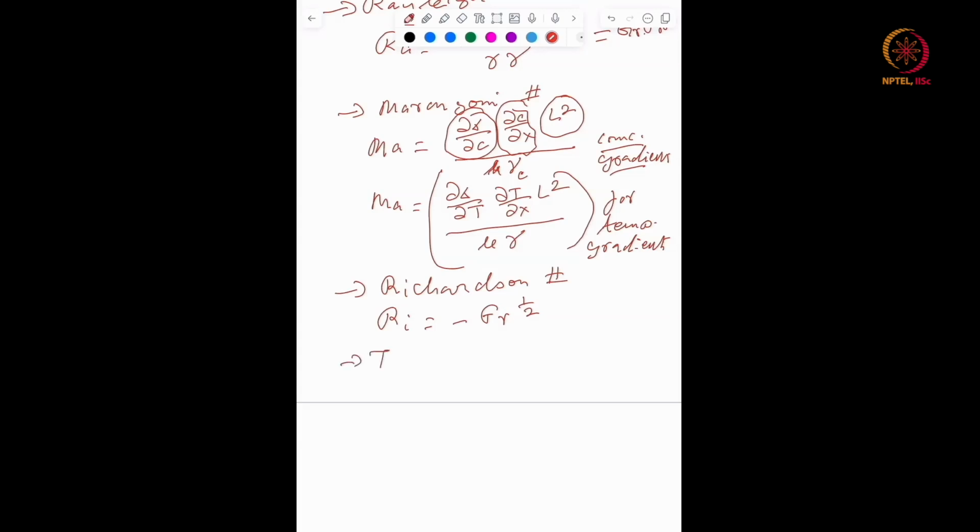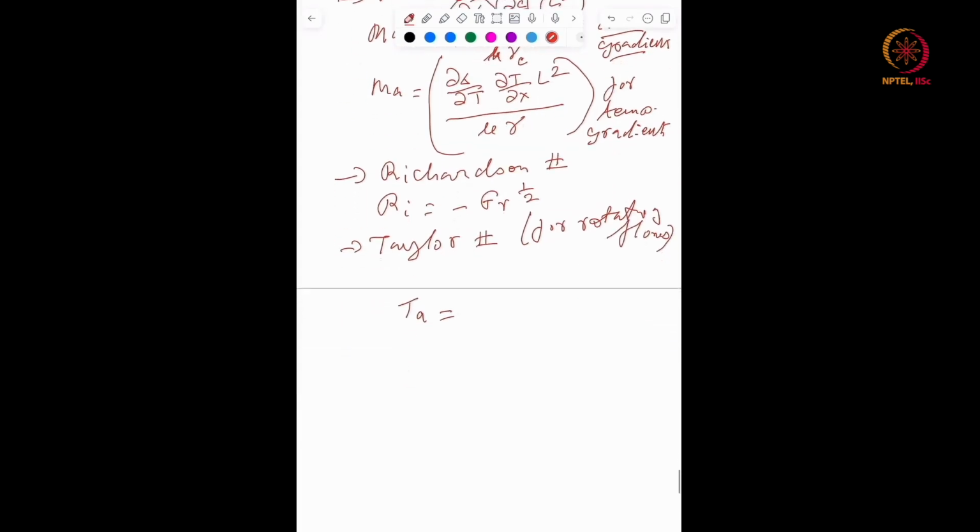Then you have the Taylor number for rotating flows. And this is also very common, the rotating flows, because fluid dynamics is something like that. So this is the Taylor number, which involves omega squared, the square of what is called the rotation rate.